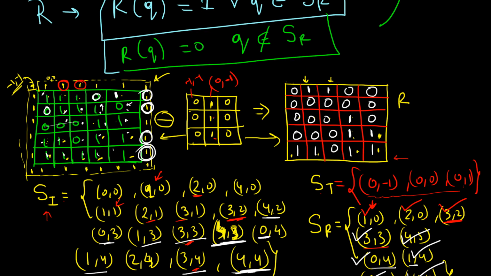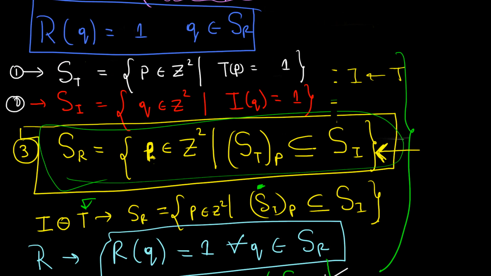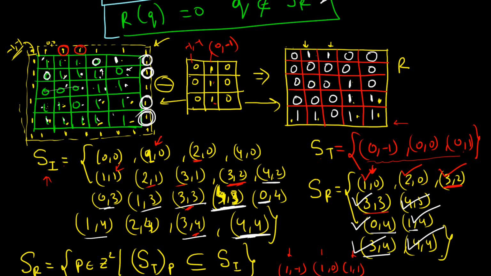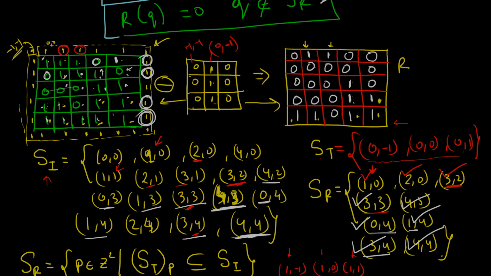So we can see we have just verified the mathematical definition of erosion in terms of sets and set operations, and we also checked it out graphically, and this all adds up together. So we can put all these together neatly again, and define all the operations in terms of set operations.